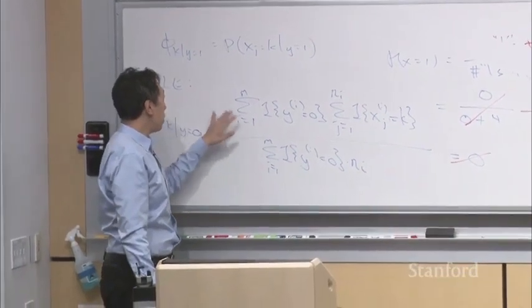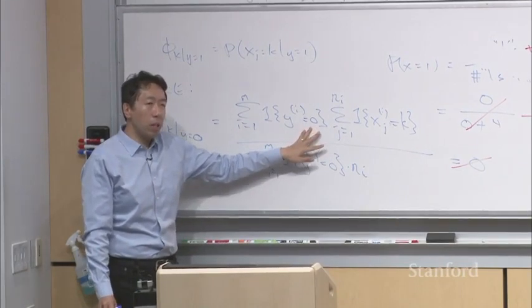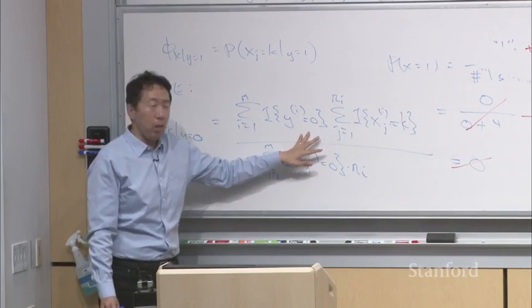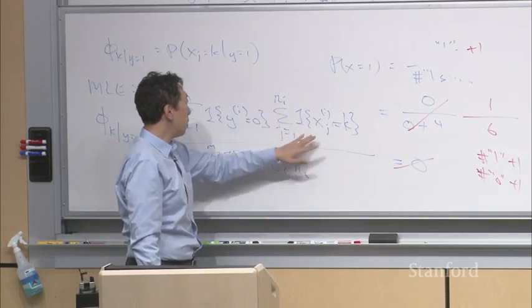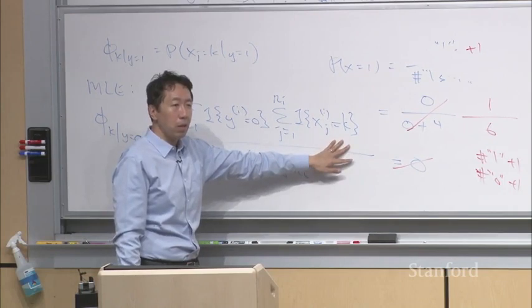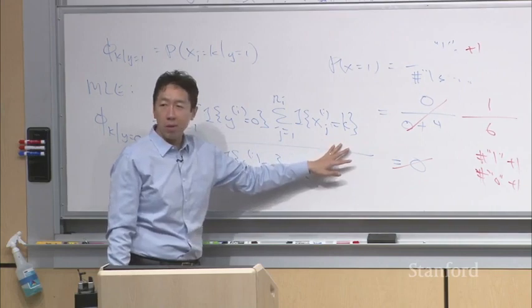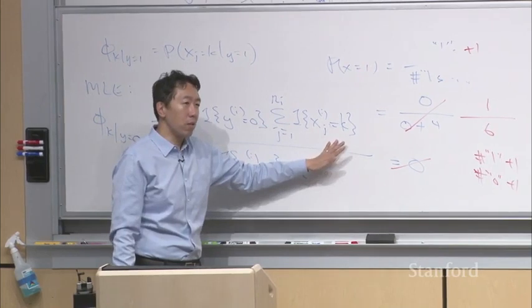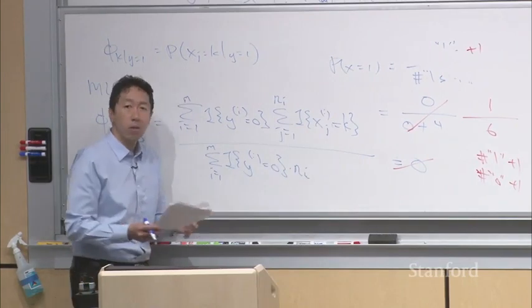And the numerator is the sum over your training set, from i equals 1 through m, of the indicator y equals 0, so count up only non-spam emails, and for those emails, j equals 1 through ni, go over the words in that email and see how many words are that word k, right? And so if in your training set you have 100,000 words in your non-spam emails, and 200 of them are the word drugs, that occurs 200 times, then this ratio would be 200 over 100,000. Okay.